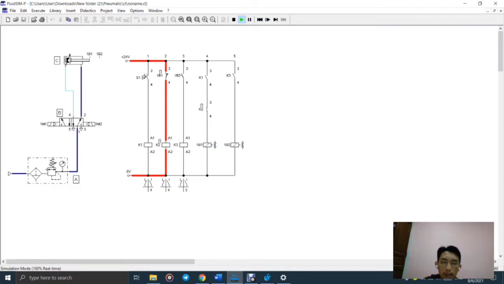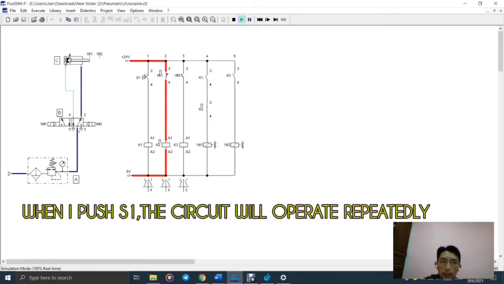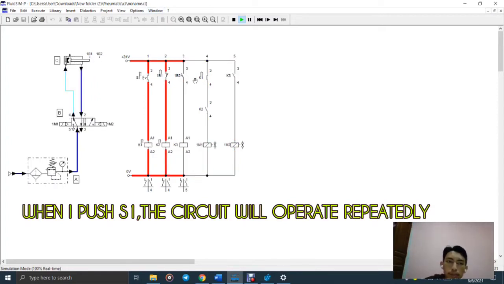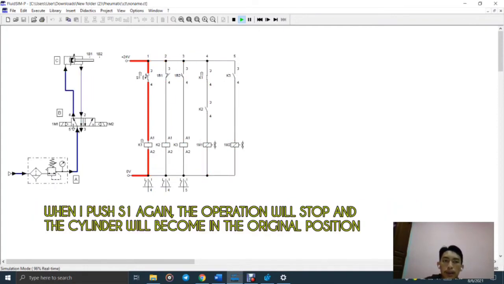Let's say when I push S1, the circuit will operate repeatedly, but when I push S1 again, this operation will stop and the cylinder returns to the original position.